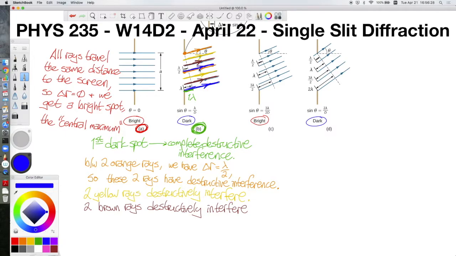So for every ray you can pick in this entire slit of width a, there's a ray that it pairs with that the two rays completely cancel each other out. So what we have here is kind of paired destructive interference. There's not a single ray you can pick in that whole slit width where you can't find one and only one ray that completely destructively interferes with it.